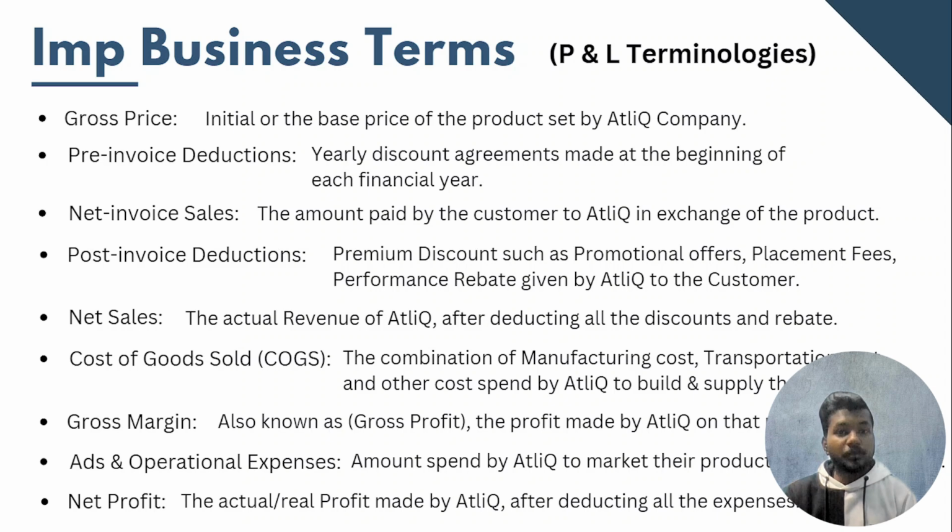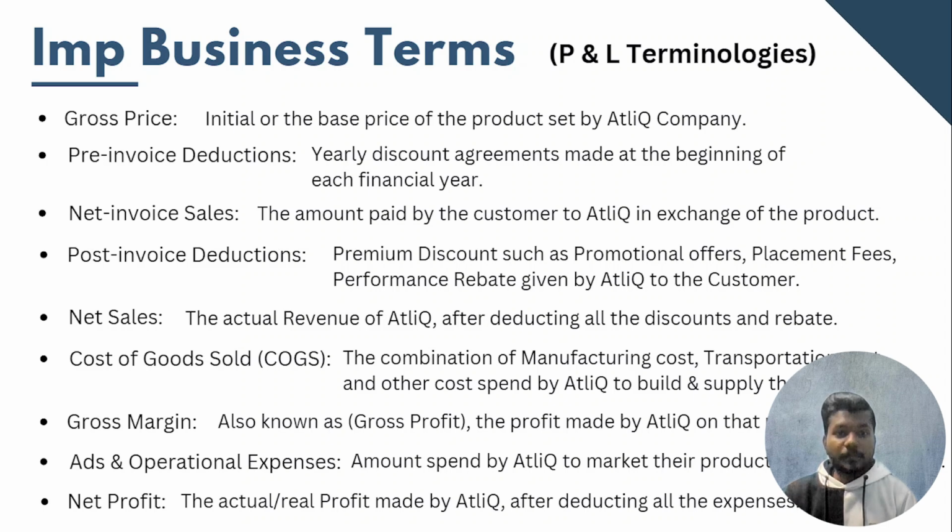Then we have pre-invoice discounts, which is an agreement between the company and the customer made at the beginning of the fiscal year. When I subtract these two, I get net invoice sales, which is an amount paid by the customer like Chroma, Reliance Digital to AtliQ in exchange of the product.